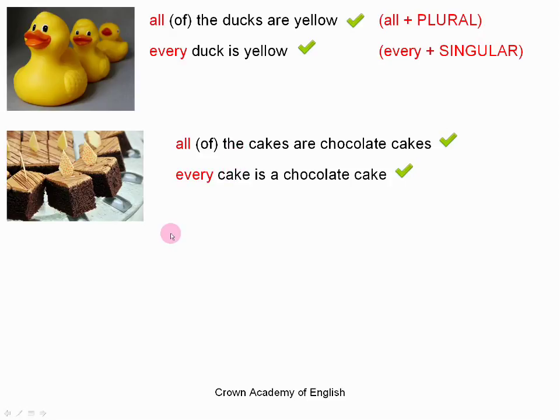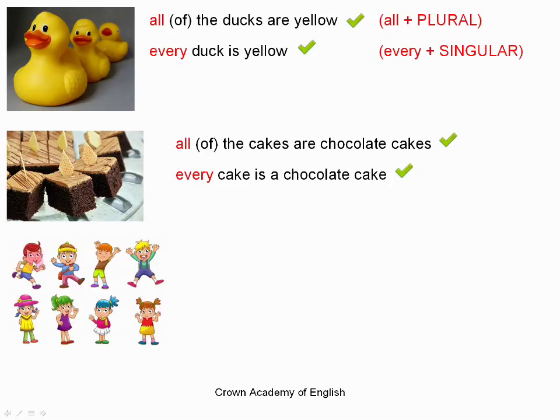So both of those sentences mean the same thing. And the last example, here we have a child who looks happy, and this child is happy. So here we say all of the children are happy. And remember that child is an irregular noun, and the plural of child is children.